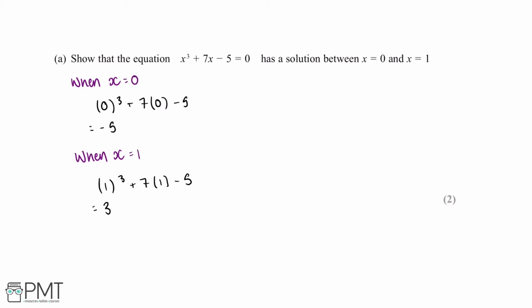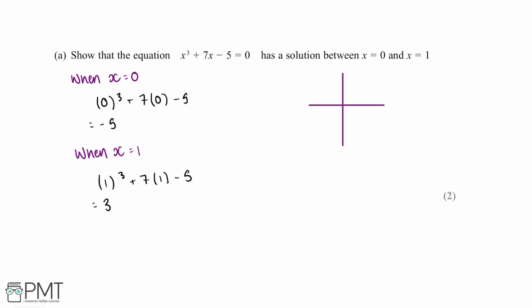Now a solution to this equation is a value which we can substitute in for x to make this equation equal to 0. So if we draw a zoomed in version of this graph, where x equals 1 is here, the graph would look something like this going through 1.